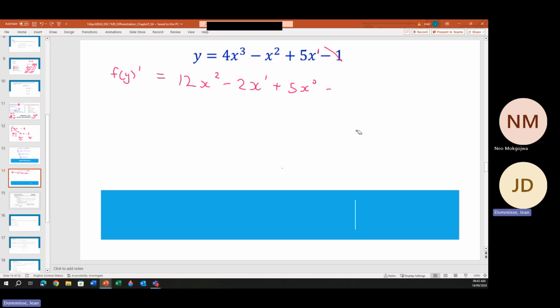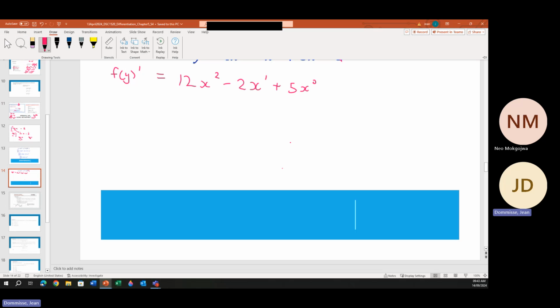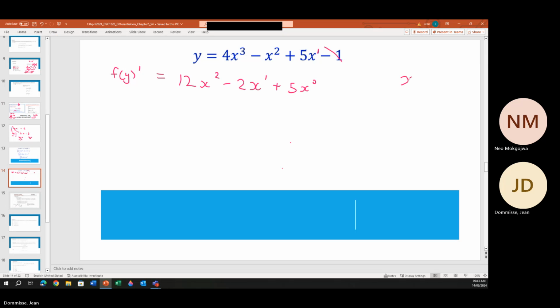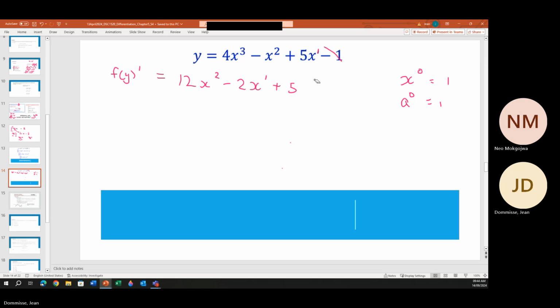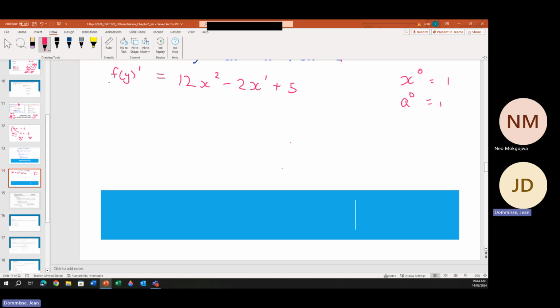Just remember that x to the power of 0 is 1. Anything to the power of 0 is equal to 1. So when we have x to the power of 0 here, that actually means we are multiplying by 1. So 5 times 1 stays 5.